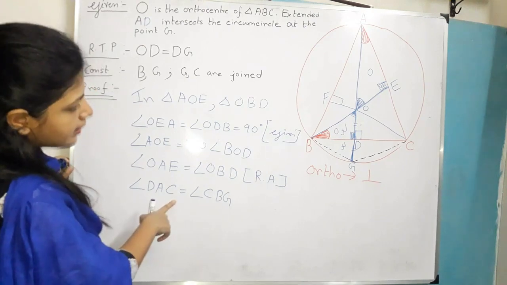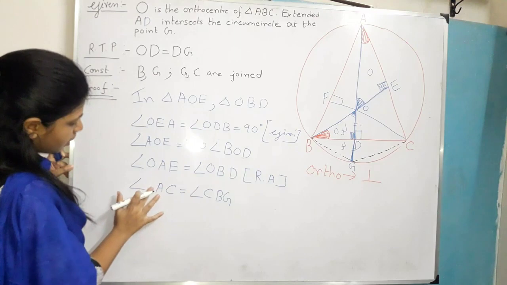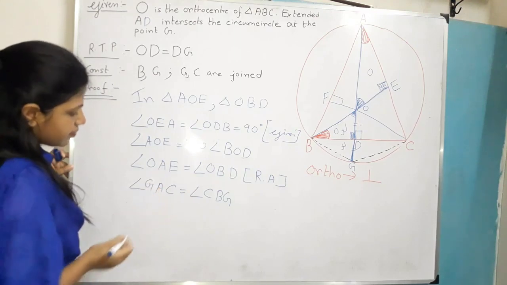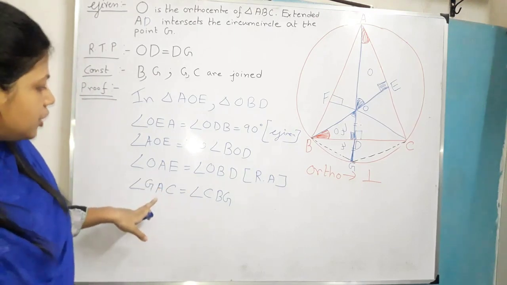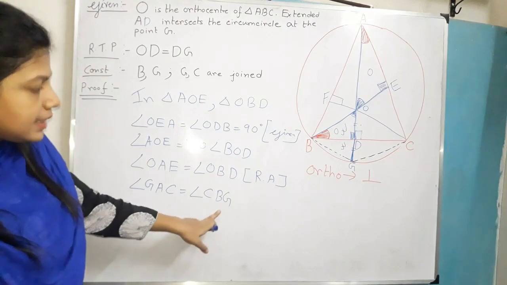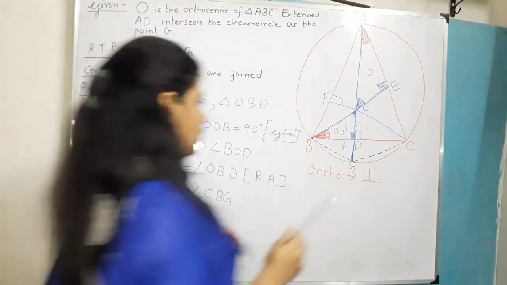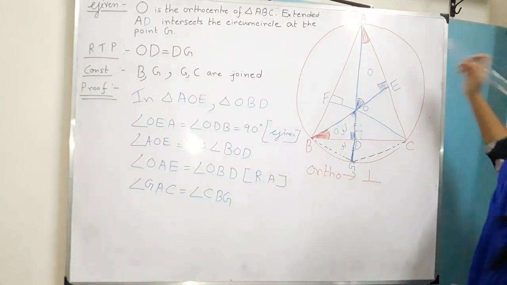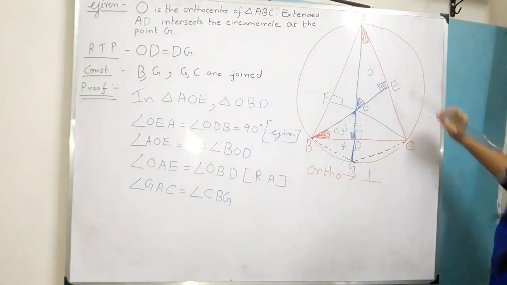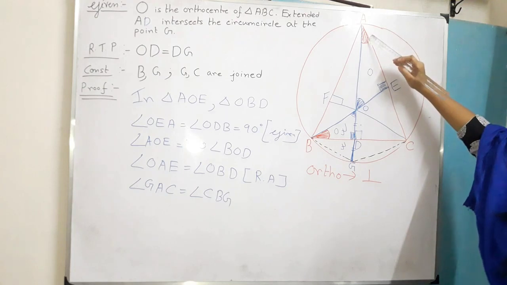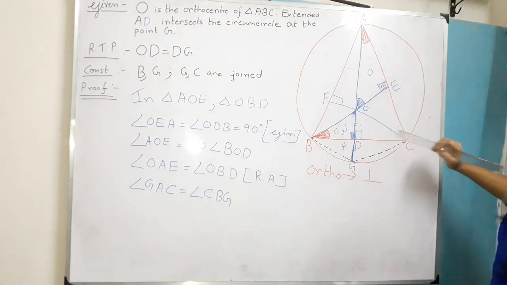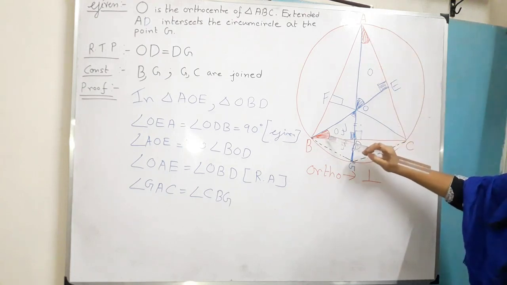DAC and GAC are the same, so I am taking GAC. GAC and CBG are both the same. But why? Try to understand this one. If I take angle GAC, this one, and angle CBG, this one.